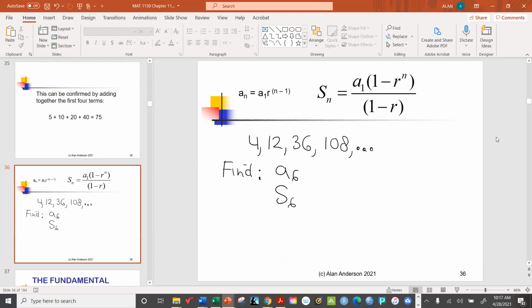So let's find out both: what is the sixth term and what is the sum of the first 6 terms? Let's see if you're as fast as Carl Gauss.